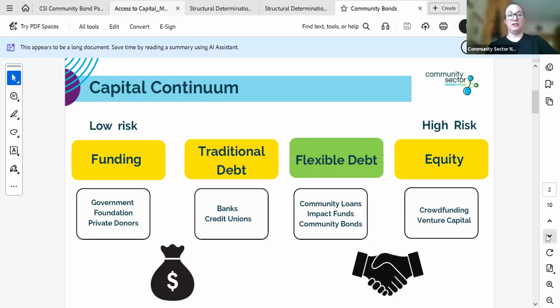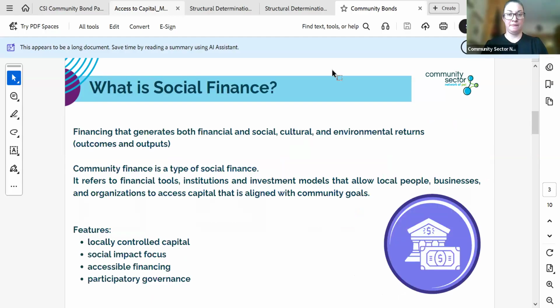So this is a capital continuum that would be applicable to anybody, businesses and nonprofits, but our continuum ends at the flexible debt. So that flexible debt that we're looking at is part of what's called social finance. So social finance is finance that generates both financial and social, cultural, and environmental returns.